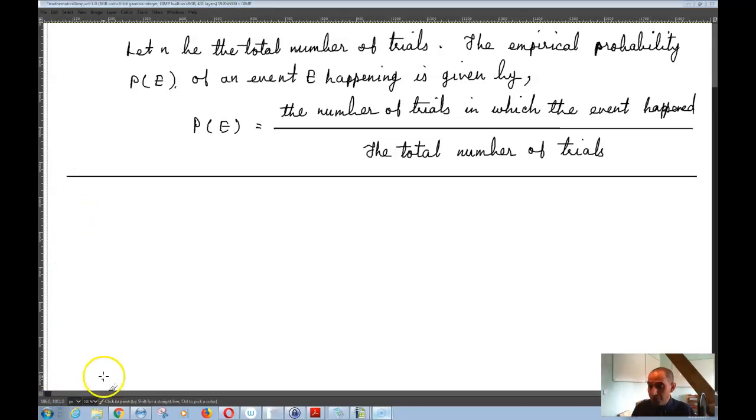Okay, so now to do a couple of examples. So let's say that you have a coin that is tossed 1,000 times with the following frequencies.